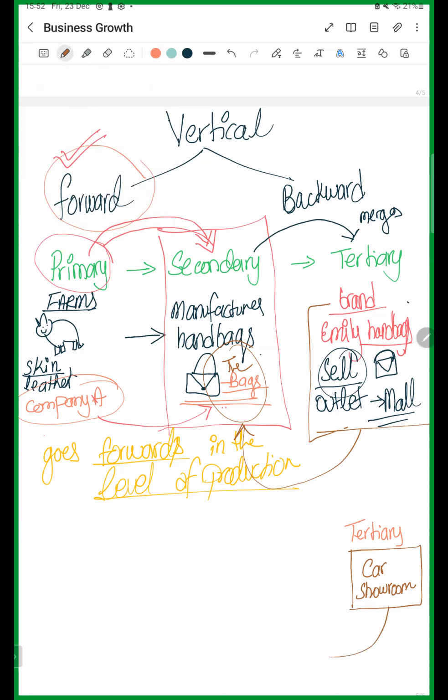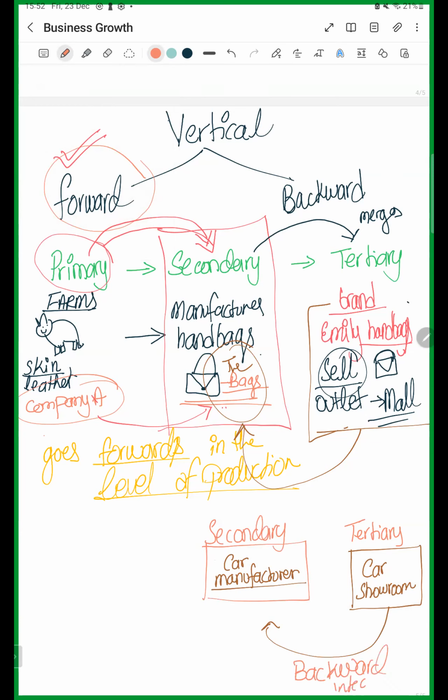How about we start producing them? So what they do is they merge or take over with a car manufacturer. What is a car manufacturer? It's a secondary sector. So what happens here is this is a backward integration. Do you get it?